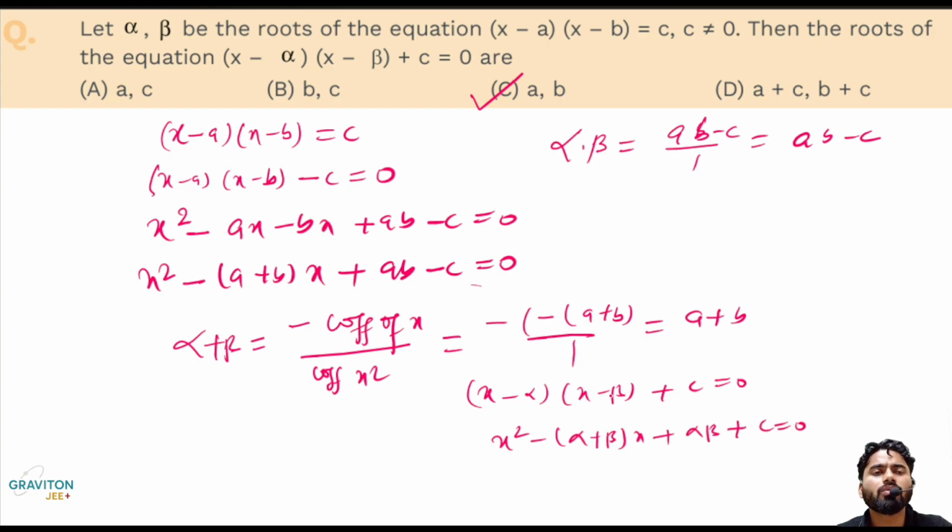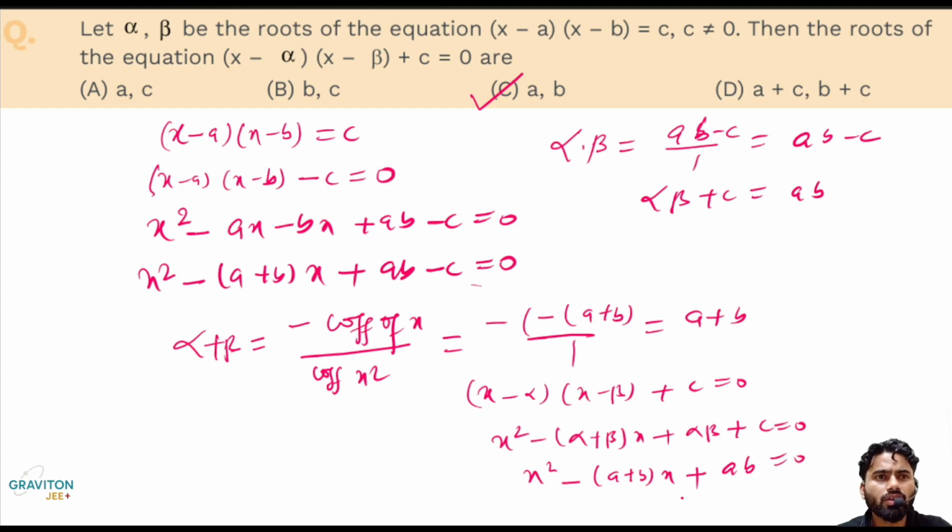Now put the value of alpha plus beta in this. So this will become (a plus b) into x, and alpha beta plus c will become a into b.